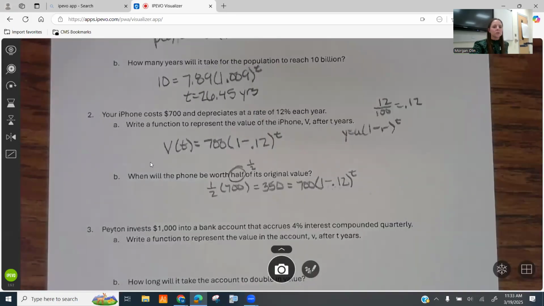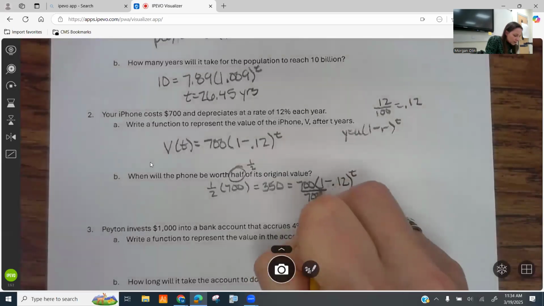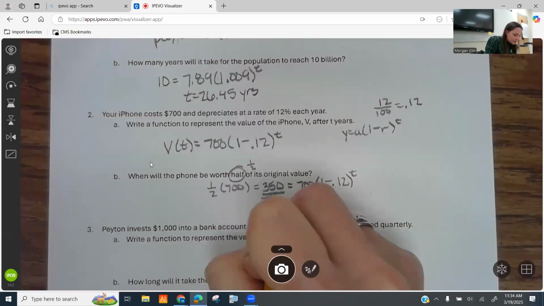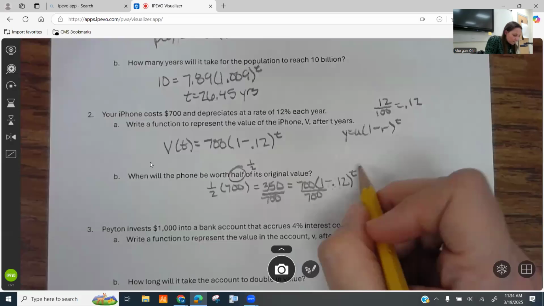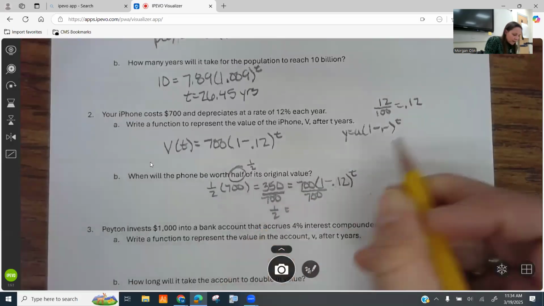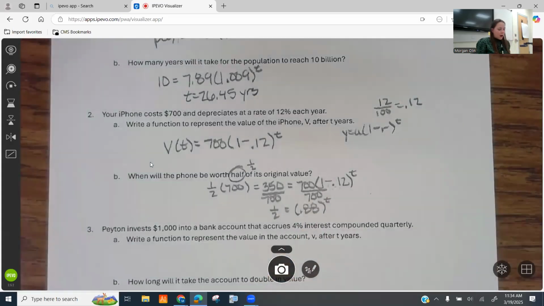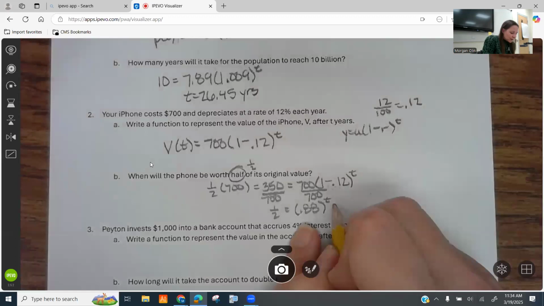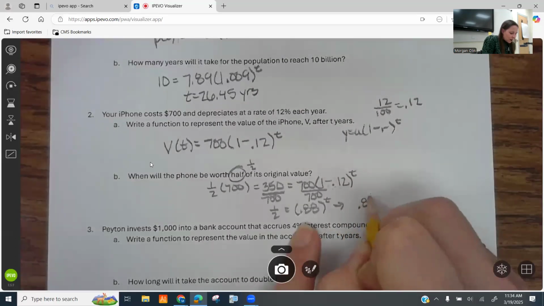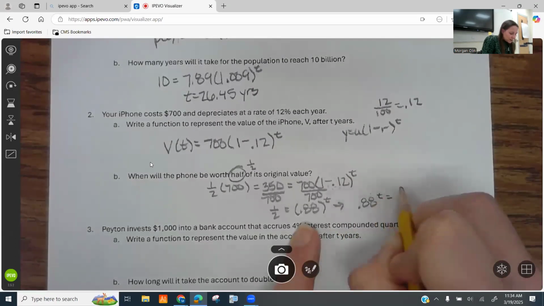Now, another way you can start out by doing it is think about what we had to do a little bit earlier. Divide by 700, all right, and get that exponent by itself first. So this is going to give me 1/2 equals, or 0.5 equals 0.88 to the t. Now, what we were doing earlier, and I just want to extend this, weren't we doing something earlier?